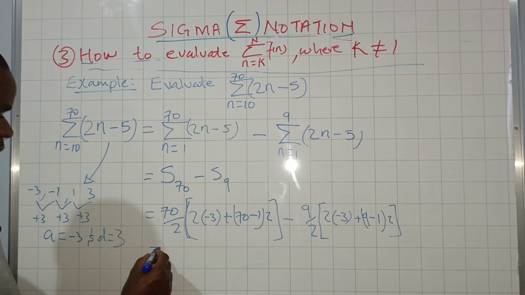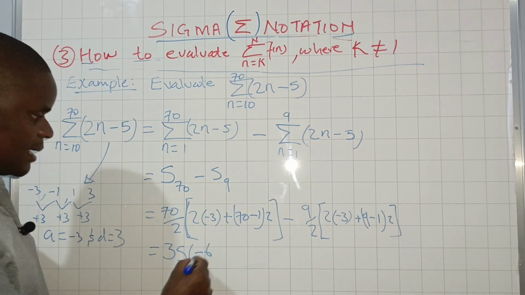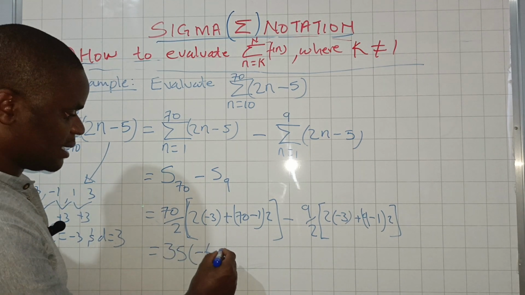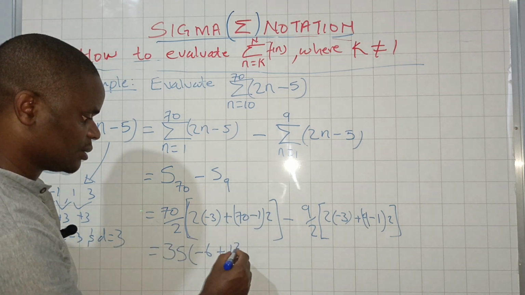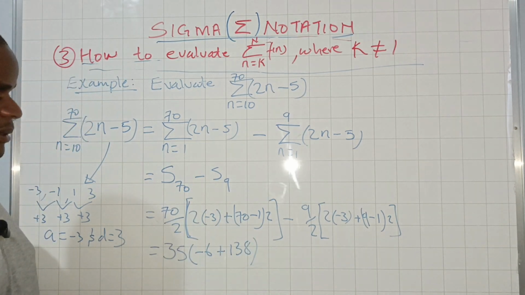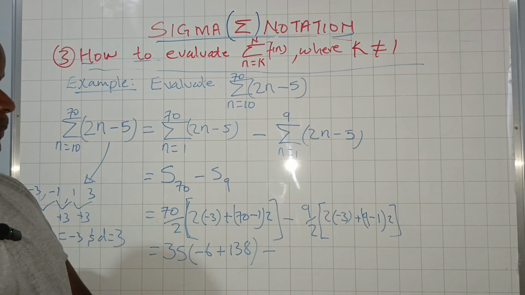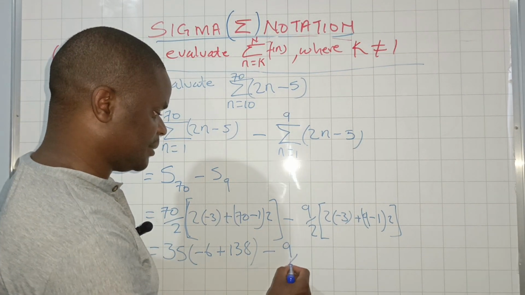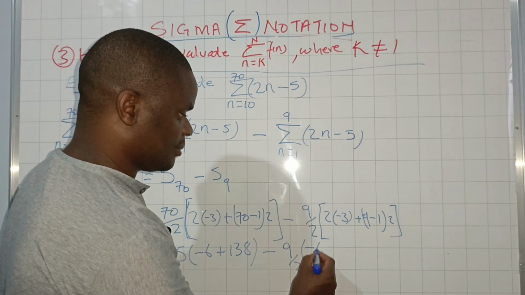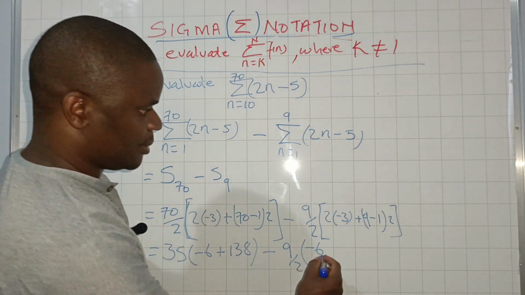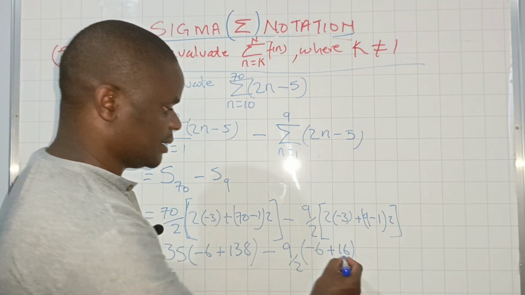It's just a matter of working out this one here. This is going to be 35 into minus 6 plus 69 times 2, which is 138, minus 9 over 2, let it just remain being 9 over 2, into minus 6 plus 8 into 2, which is going to be plus 16.